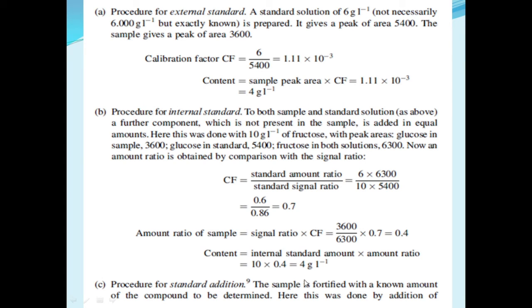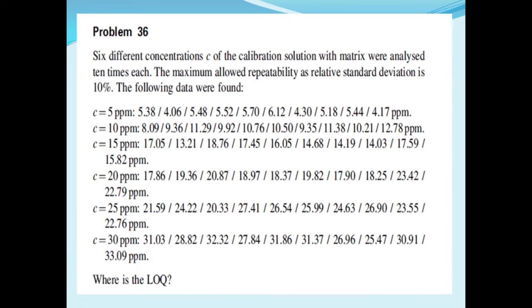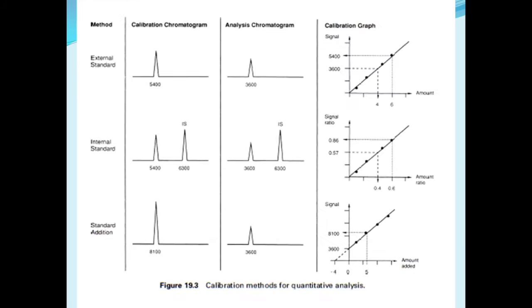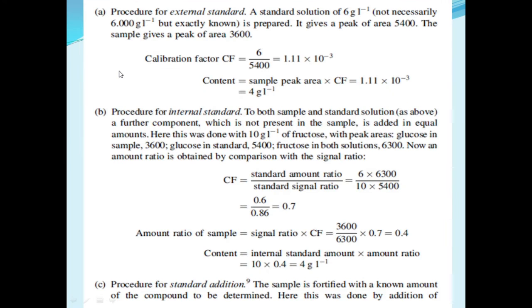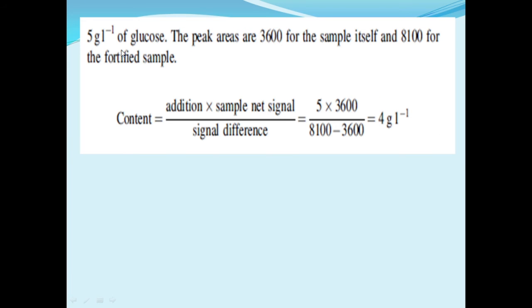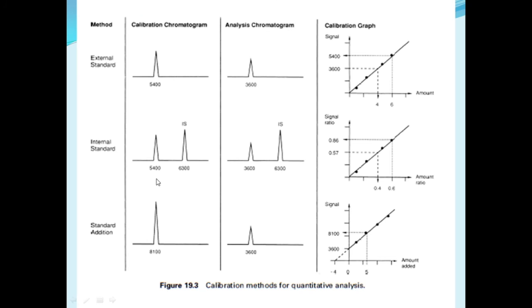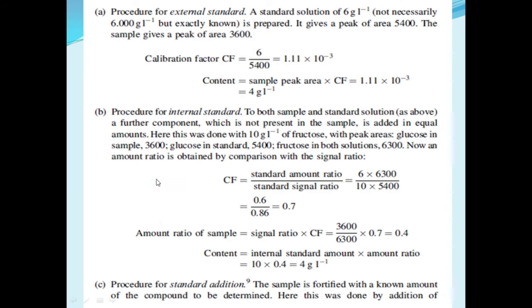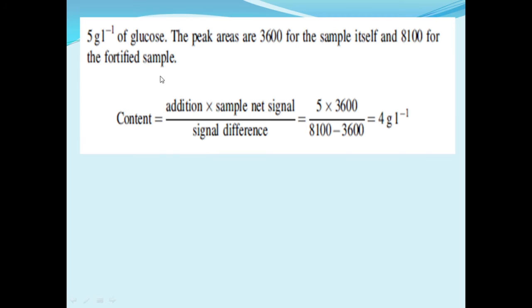Here this was done by addition of 5 gram per liter of glucose. This is the third possibility.